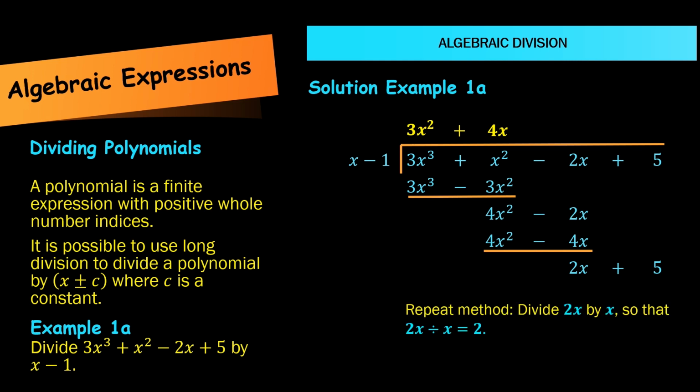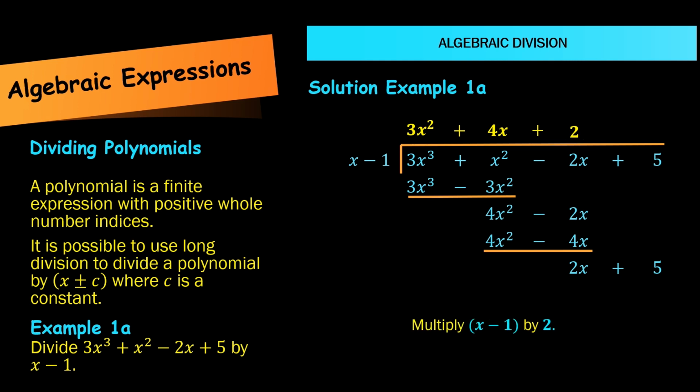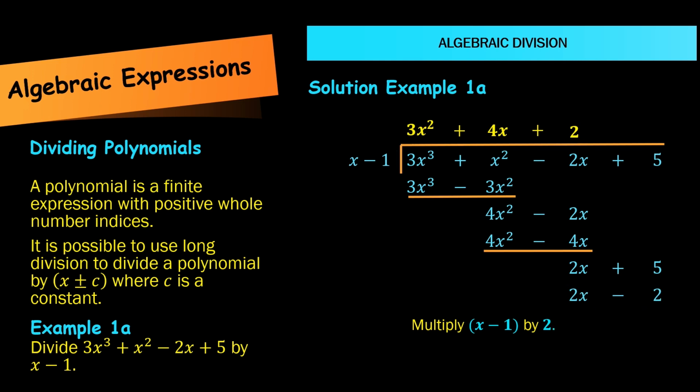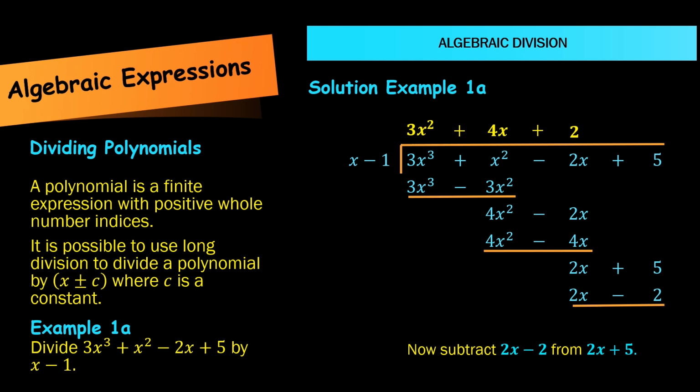Divide 2x by x to give 2 and position it here, and then multiply by x minus 1 to give 2x minus 2. And now subtract to give 7, and so we have a remainder 7.